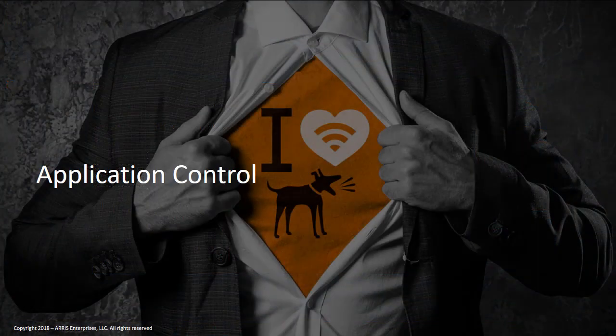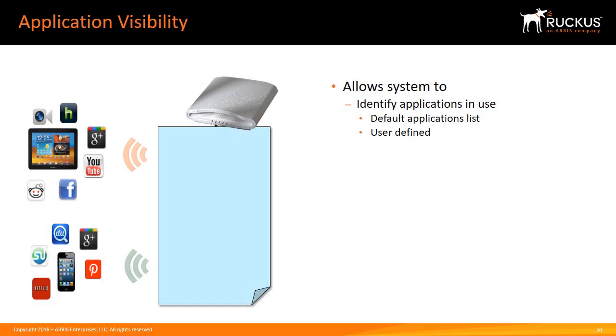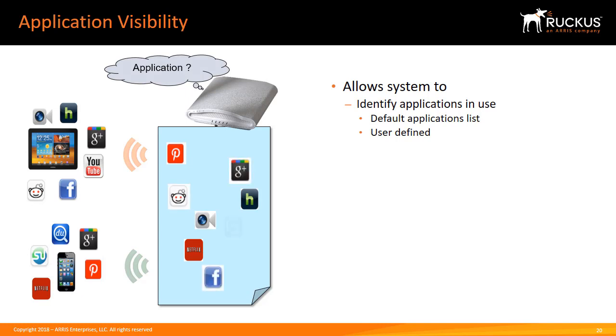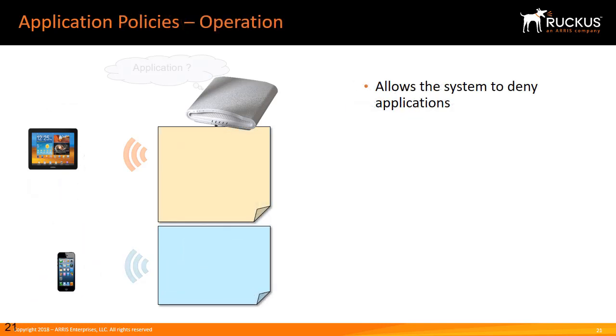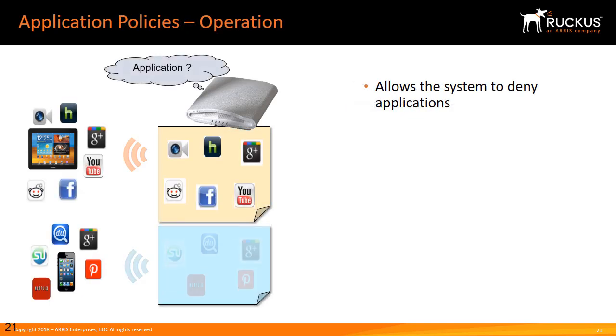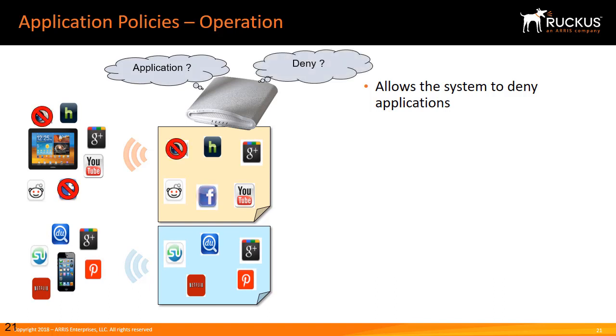So now let's move on to application control. You've learned previously that enabling application recognition control on a wireless LAN enables a controller to identify and display the applications that are in use. Once you can identify the applications, you can control whether they will be allowed on your devices or not. Application policies allow you to block certain applications from being accessed.